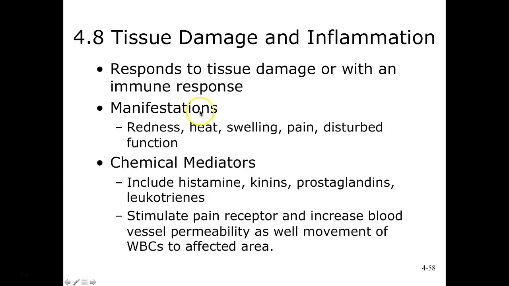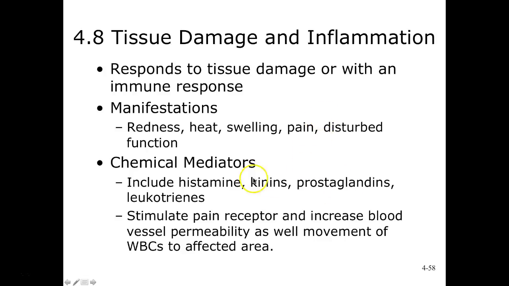and our body will respond with our immune response. And the manifestation or the cardinal signs of inflammation that we'll have are redness, heat, swelling, and pain. So those are the 4 cardinal signs that most people know of. They've just added a 5th cardinal sign, which is going to be disturbed function or inability to function within that location.